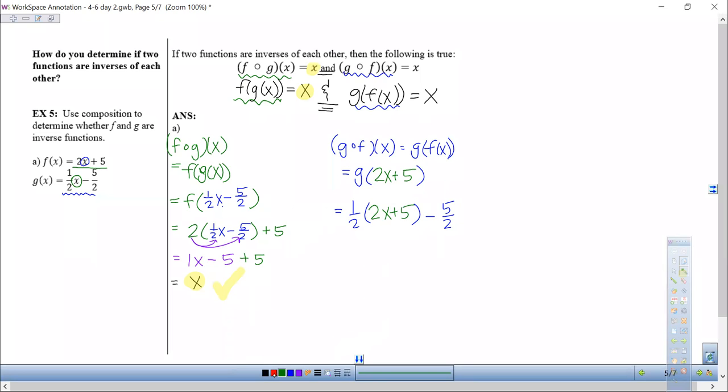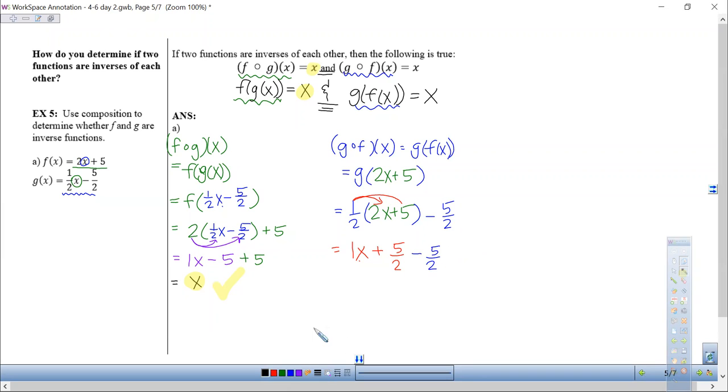Okay, so I similarly need to simplify by distributing. So if I distribute 1/2, half of 2x is 1x. Half of 5 is 5/2. I still have a minus 5/2 left over.